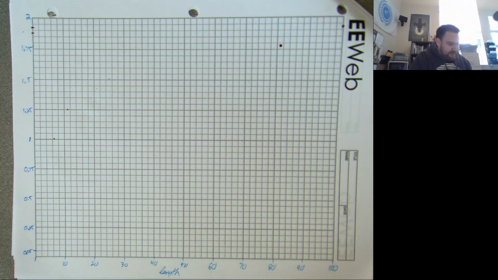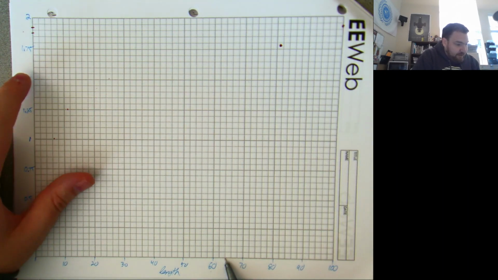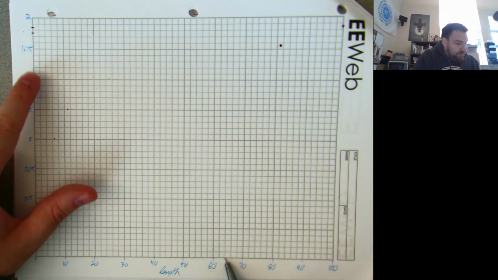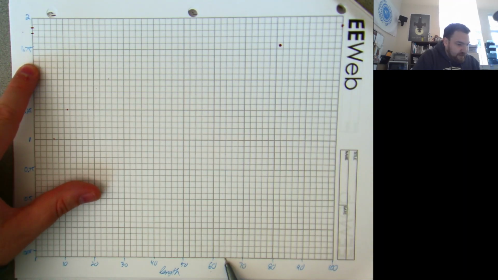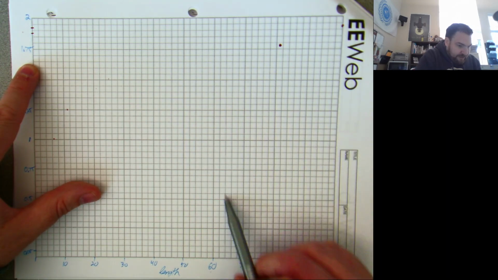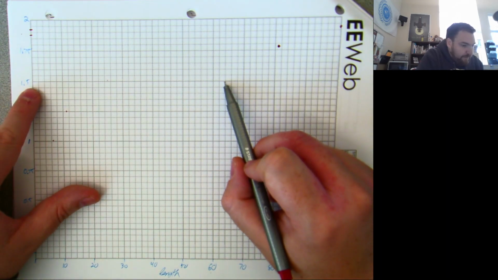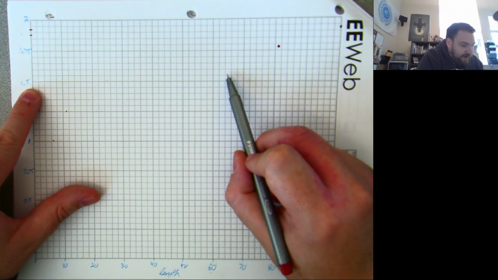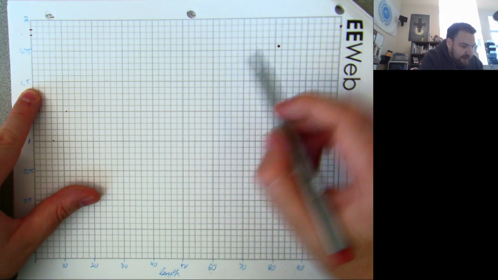Then 1.58 and 64. 64 is right on that line there. And 1.58 is going to be, well, that's 1.5, so that's 1.55, and that's 1.6. So it's going to be halfway there.